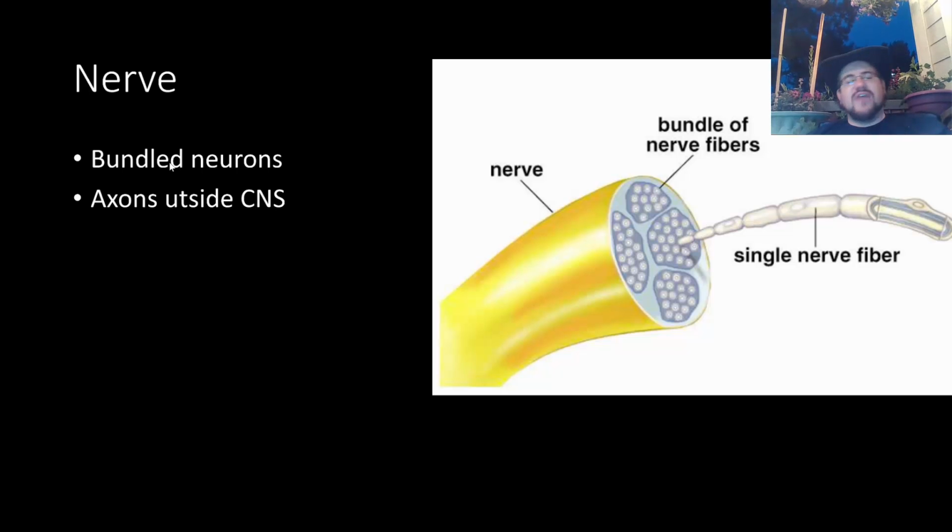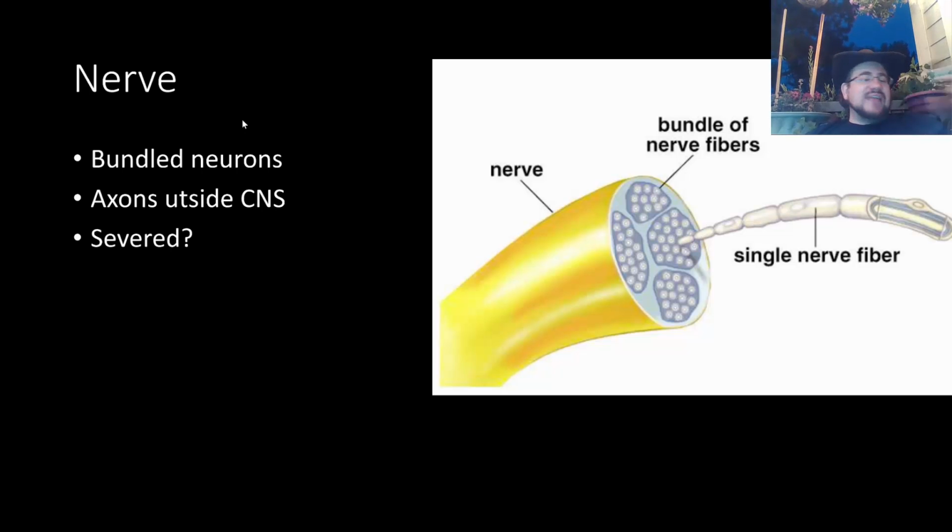See, the cell body and the dendrites of nerves in your body are actually right up close to your spinal cord, and it's the axons that travel throughout the body. So a nerve is a big bundle of axons that will then split off, and the nerve will branch out, and all these axons will go to different places in order to do different things. So maybe they're sensory structures, who knows?